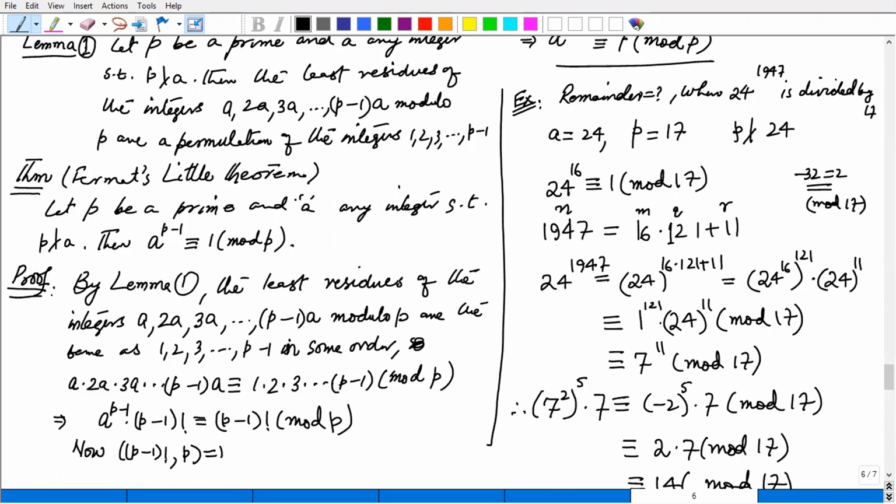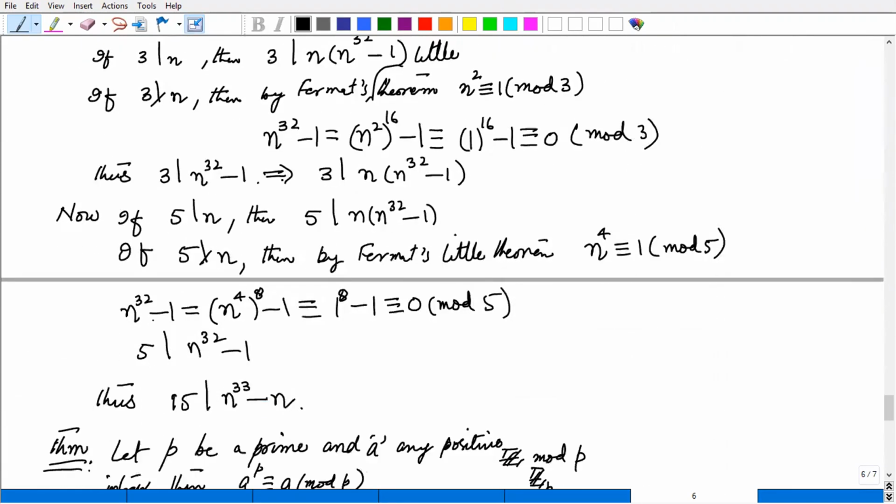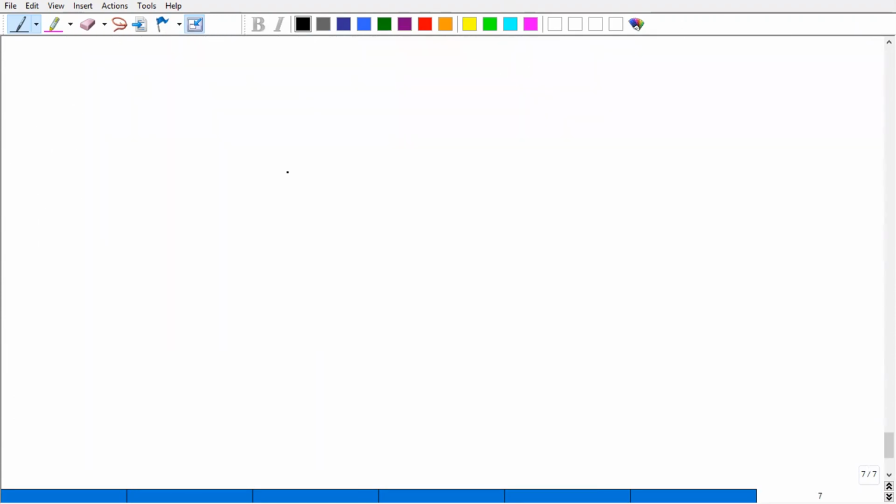So in that case, we can use Euler's theorem, that is also called Euler's generalization. In that case, Fermat's little theorem will become a corollary of Euler's theorem, a very simple theorem. So look at the statement of Euler's theorem or Euler's generalization.